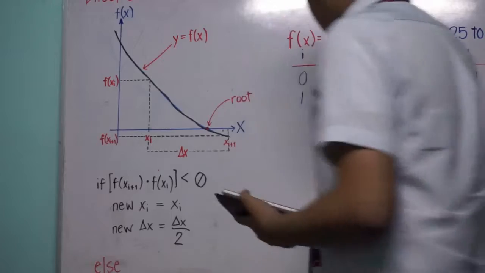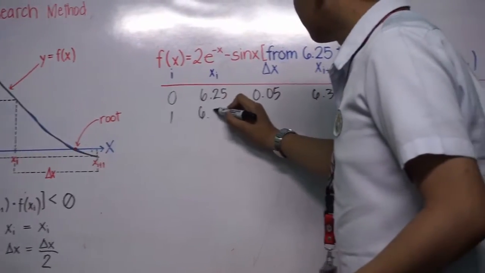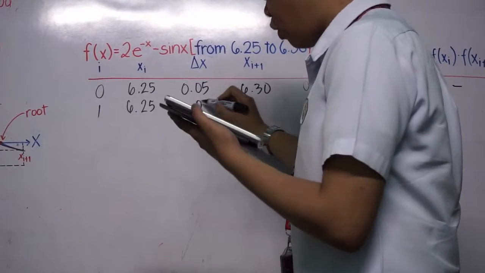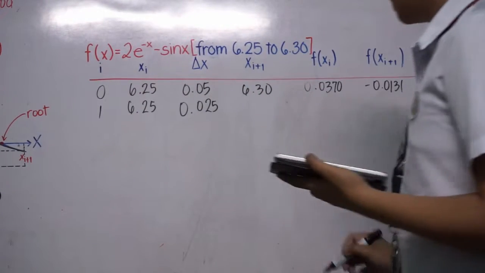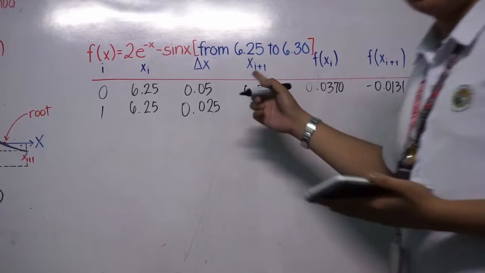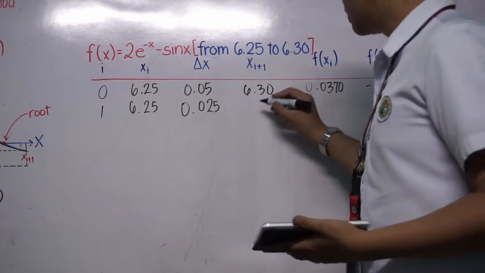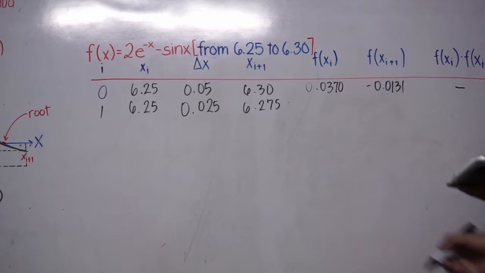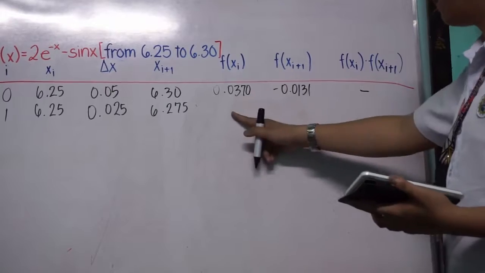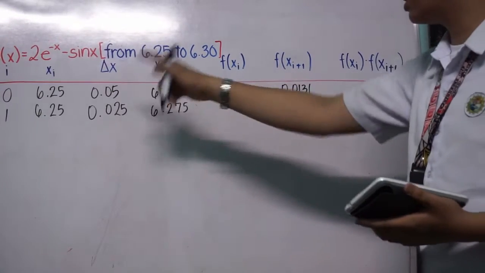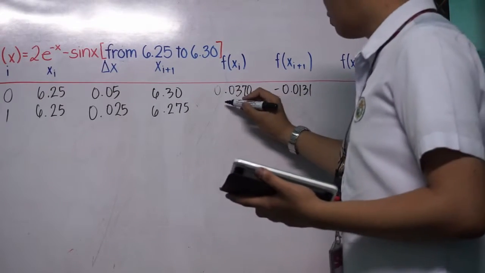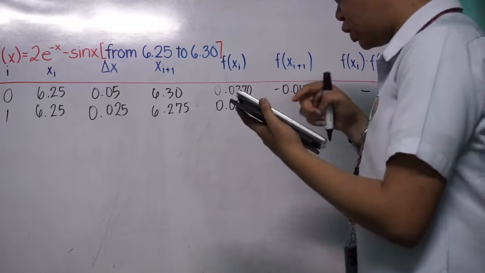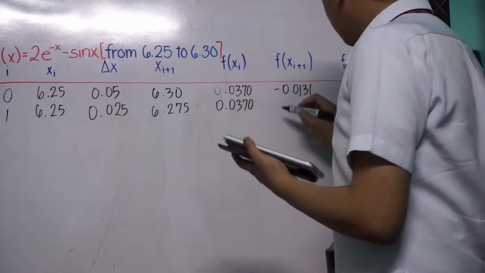So, 6.25 will be copied, and then the delta x will be halved. The new x_i+1 will be the sum of these two, which is 6.275. Finding the function values for the two x's, the first remains the same, but the next one changes to 0.0120.